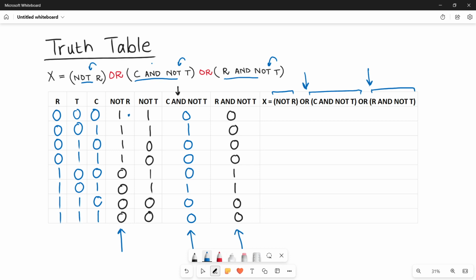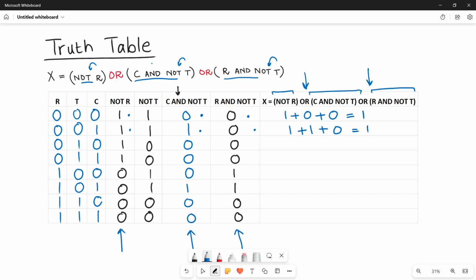So let's do that. 1, 0, 0. I can simply write 1 plus 0 is 1. It's binary addition. 1, 1, 0. 1 plus 1 plus 0 will give you 1.